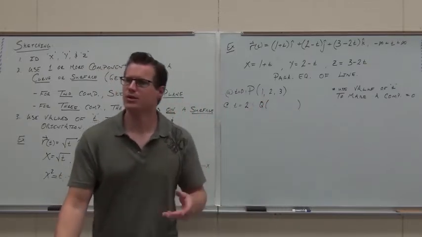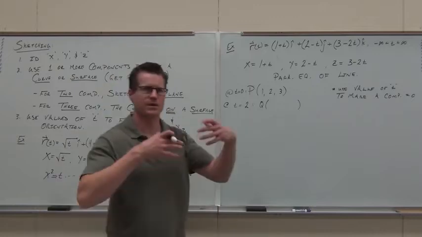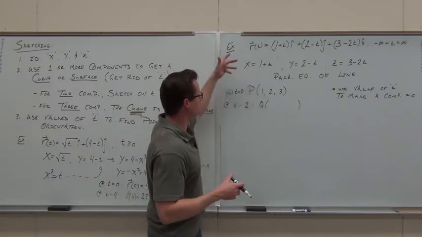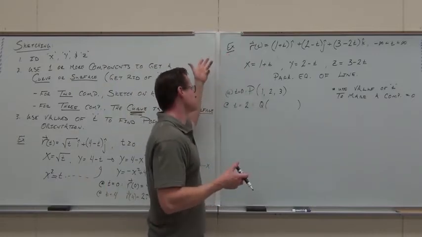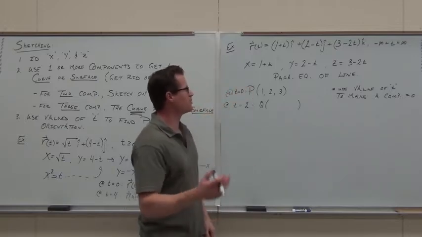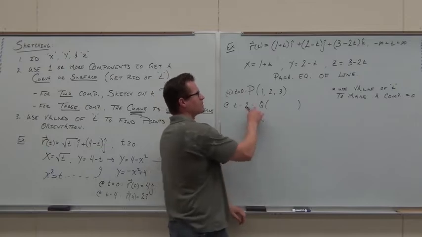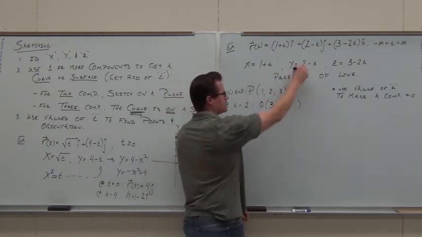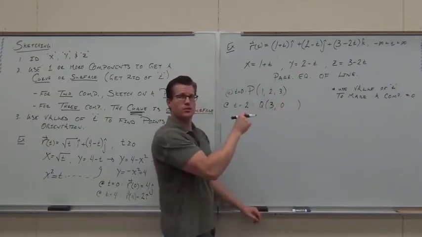So I'm going to choose 2 because I don't want to go negative. It doesn't really matter. You could use -1 or you could use 2, it's about the same. I'm going to use 2 here, I'm going to get 3, 0, that's what I want. That's why I chose the 2.